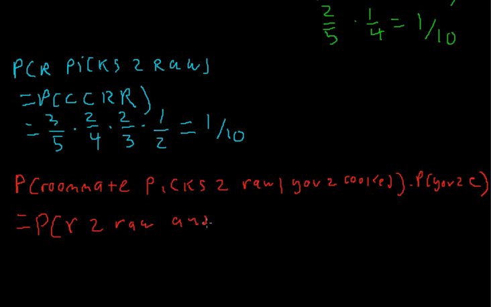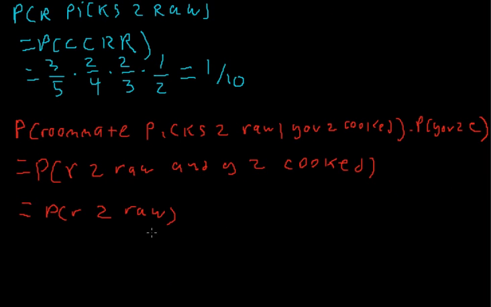Right? But we know that this is the same as the probability that the roommate picks 2 raw. Since the roommate picks 2 raw and you pick 1 cooked, the probability of that is 0. The roommate picks 2 raw and you pick 2 cooked ones, the probability of that is also 0. So the only way this can happen is if this also happens. So we can write it this way. In this scenario, the box containing the eggs is now reduced to raw, raw, cooked.